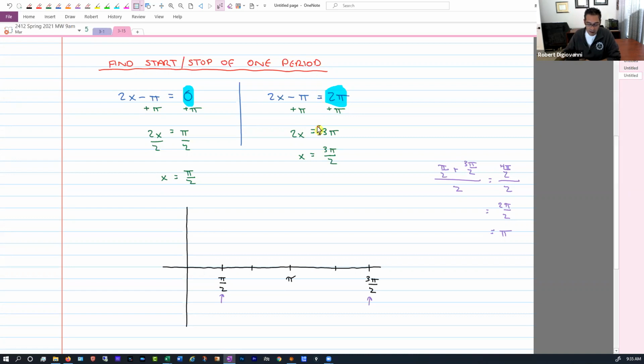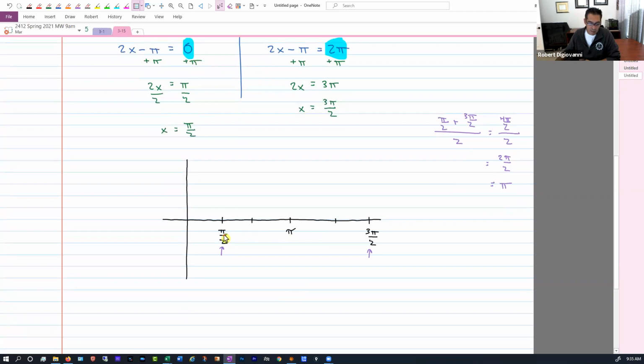All right, is everyone okay that I got this here? It's all right? Okay, now, then I could do the same thing here. I'll do one more of these, and then I'll just leave it to you to get the other one. I'm going to try and find the one in between those. So I take pi over 2 plus pi, and I divide that by 2. So that's pi over 2, I have to get a common denominator, plus 2 pi over 2 all over 2. This is 3 pi over 2 over 2. And that should come out to be, does anyone have that? 3 pi over 2 times, I'm going to look at that 2 on the bottom as 2 over 1 and then flip it.